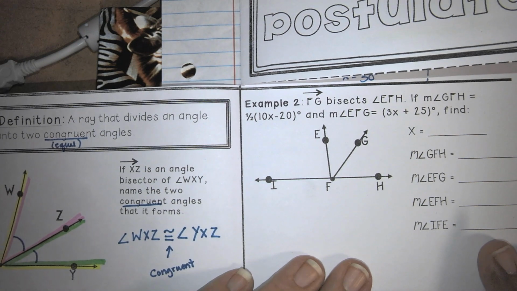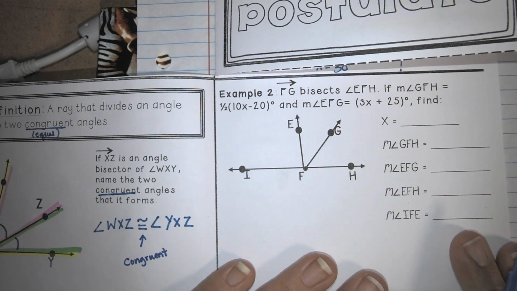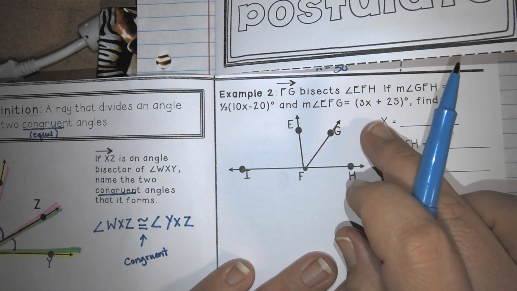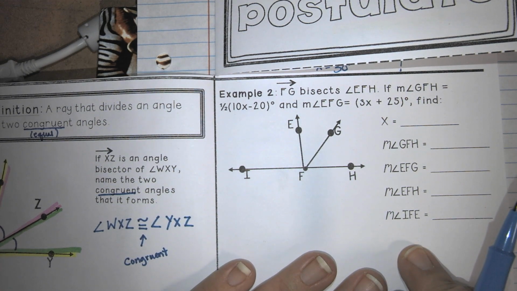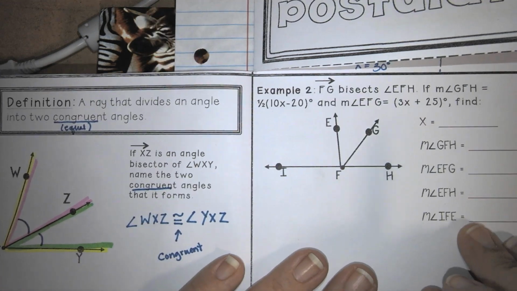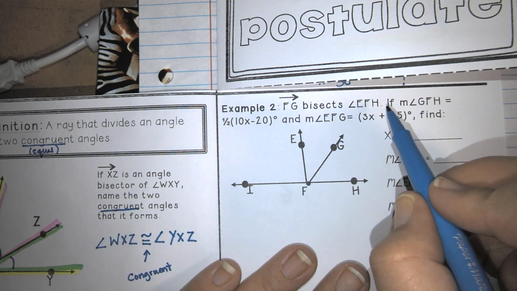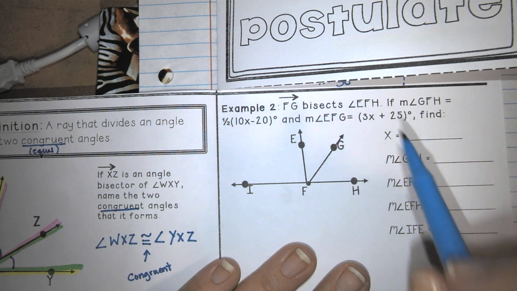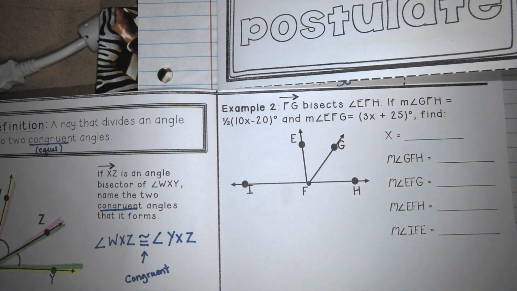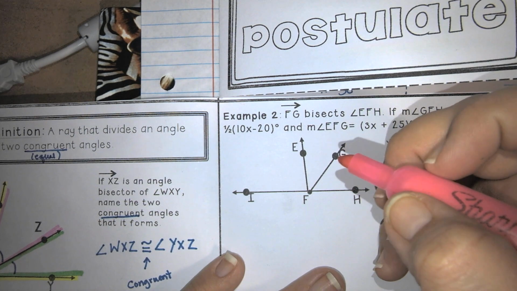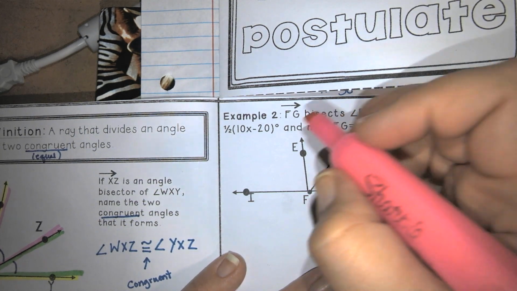So let's do this quick example that will help us find the measures of x and then the measures of all of these angles. So first we know that FG bisects angle EFH. It's very important that we mark this down first so that we don't get confused as to which of the angles are the ones that are equal. So EFH is what's being divided in half.